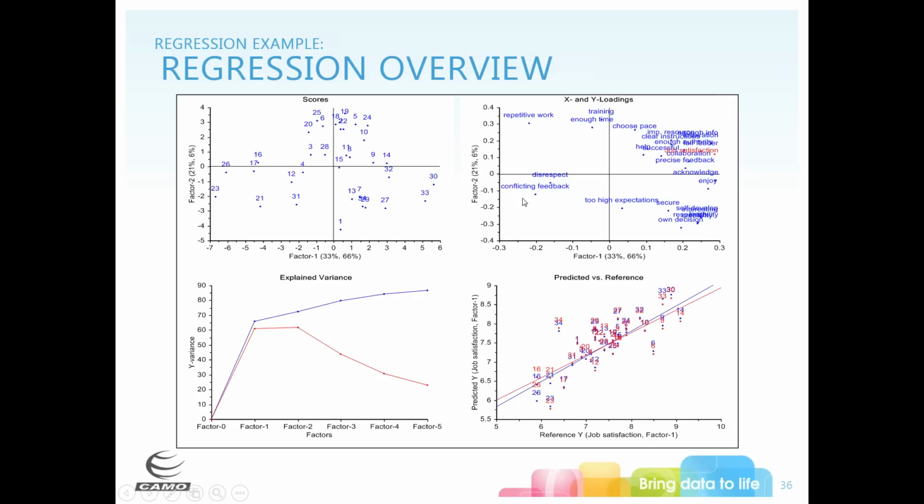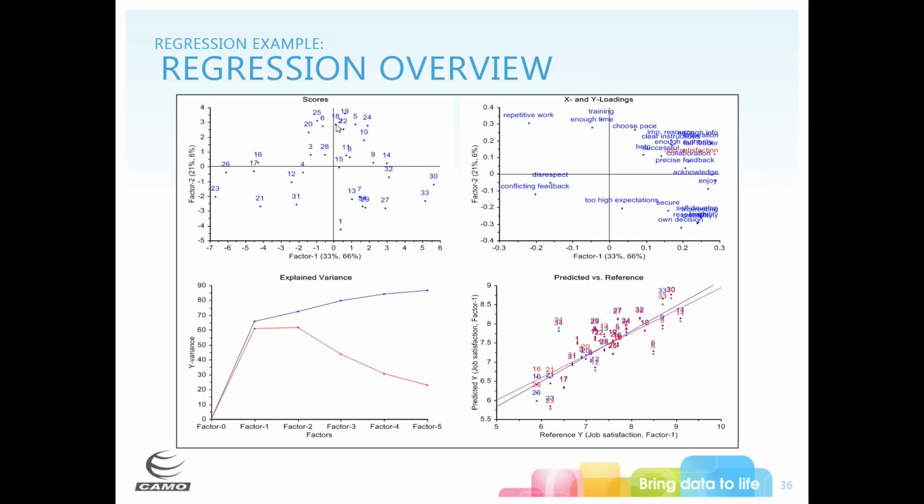And so you can see, Department 23 here must get a lot of conflicting feedback and disrespect and maybe some repetitive work, where Department 30 and 33, they get acknowledgement, they have enjoyment. Department 1 down here, since it's down here on PC2, probably has too high expectations and not enough time to complete it.